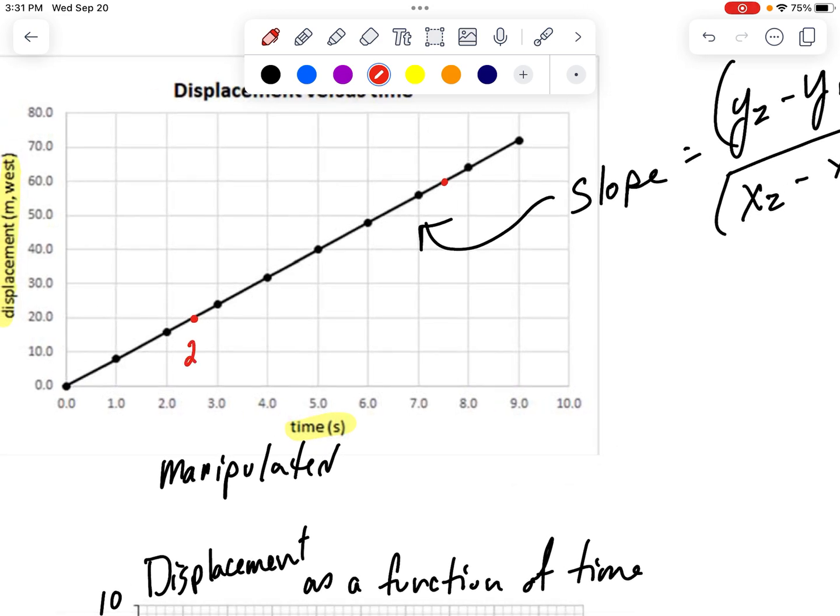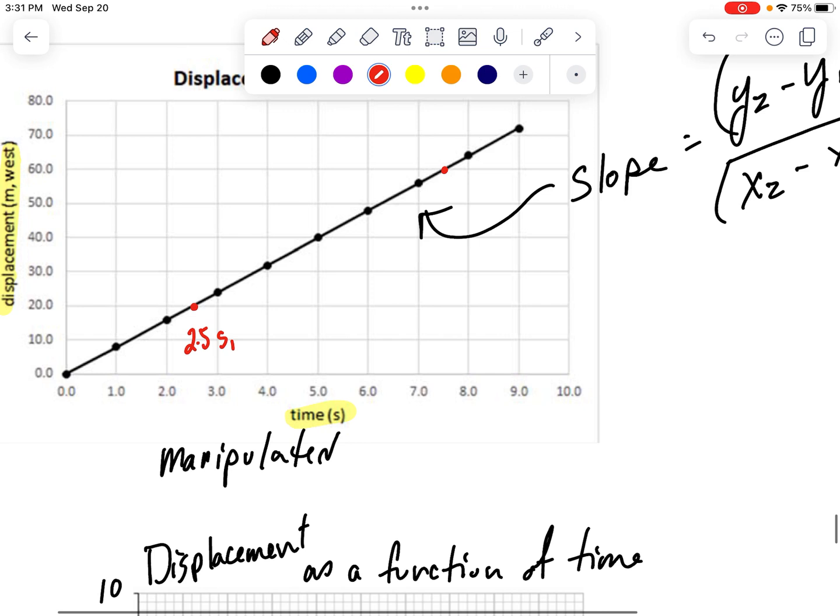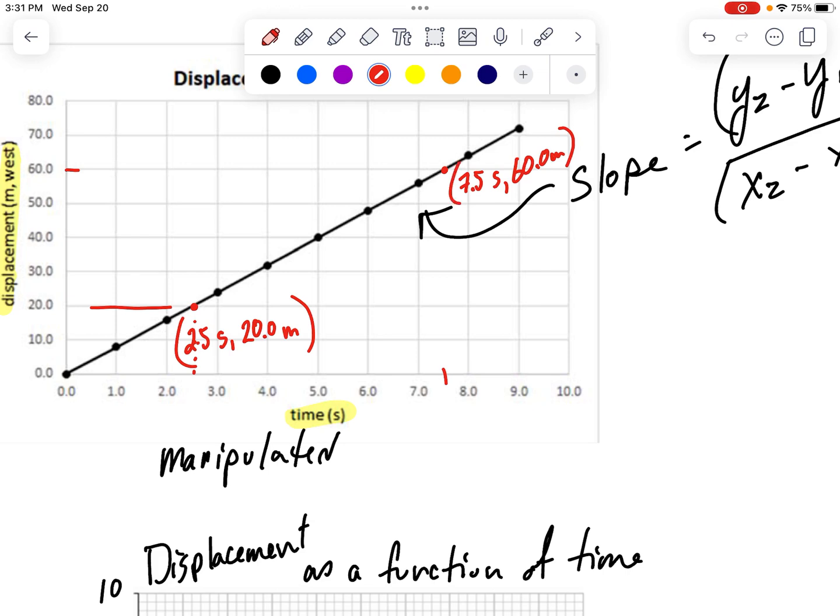This is going to be 2.5 seconds; that's my x1. And then my y1 is going to be at 20.0 meters, so we can see that is intersecting here. This one is going to be at 7.5 seconds, and it's going to be at 60.0 meters. This is a displacement, so they describe the direction, so it's going west.